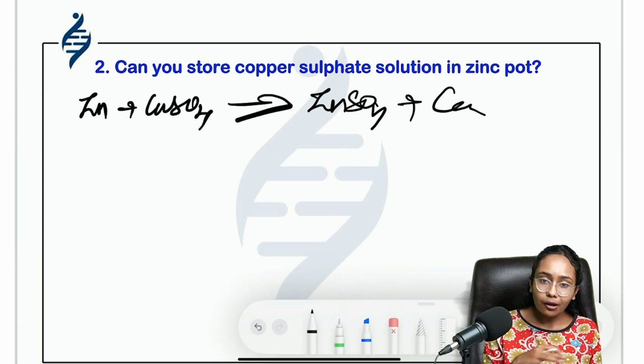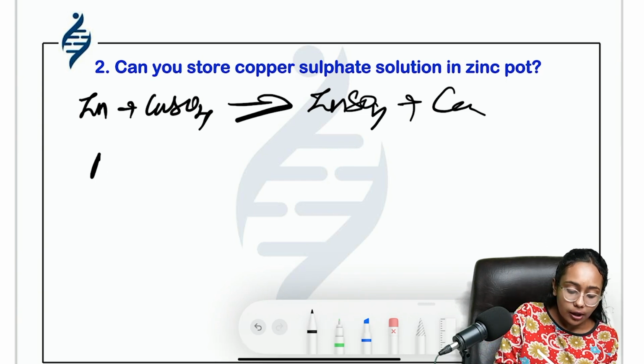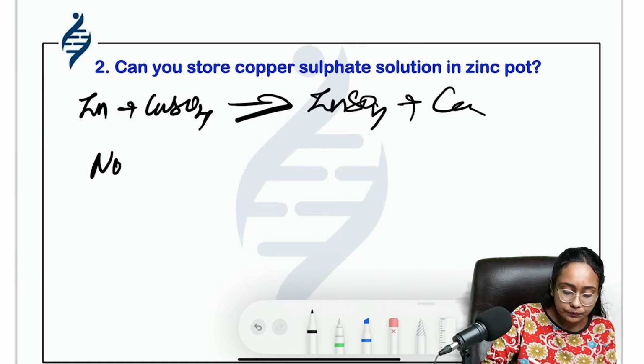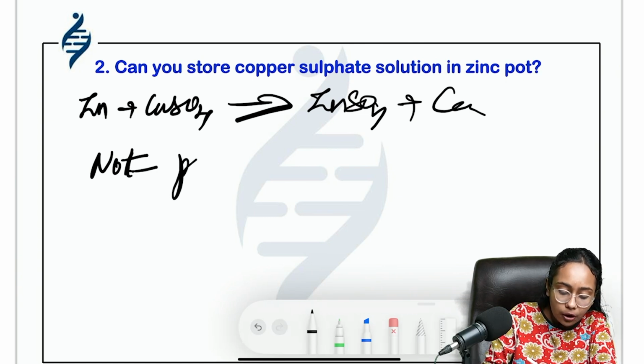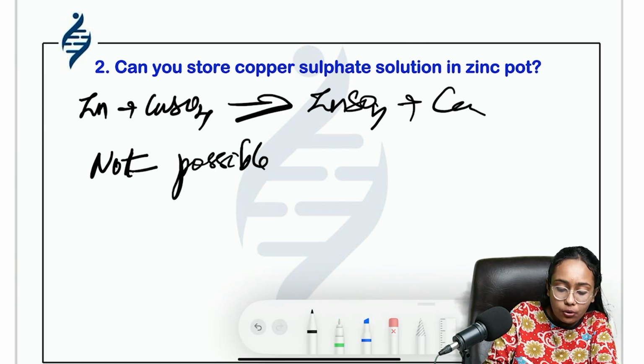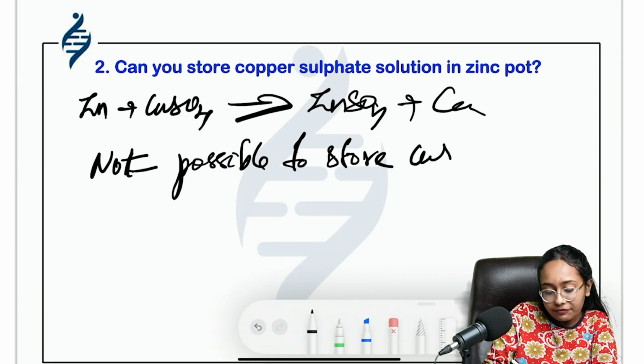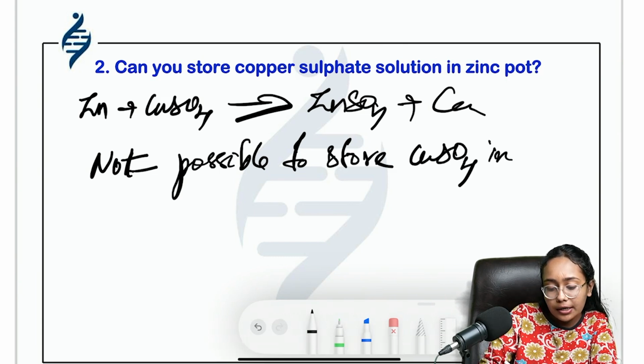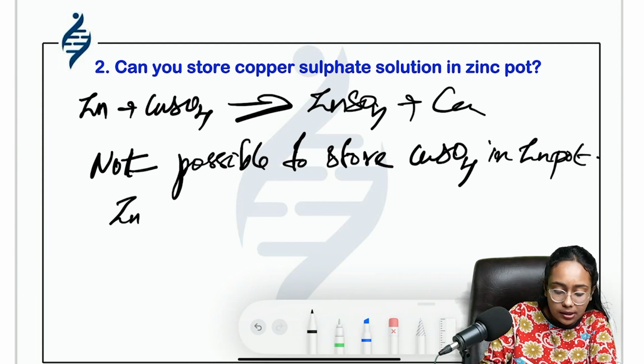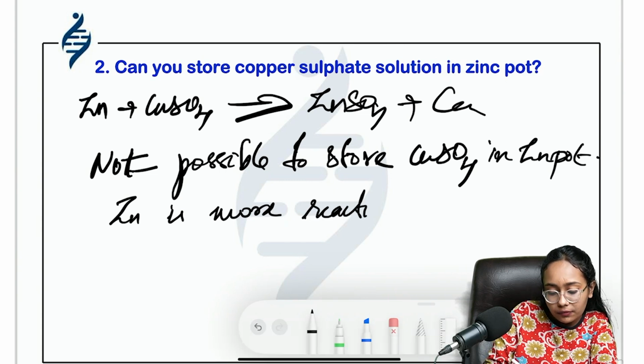So it is not possible to store copper sulfate, CuSO4, in a zinc pot because zinc is more reactive than copper.